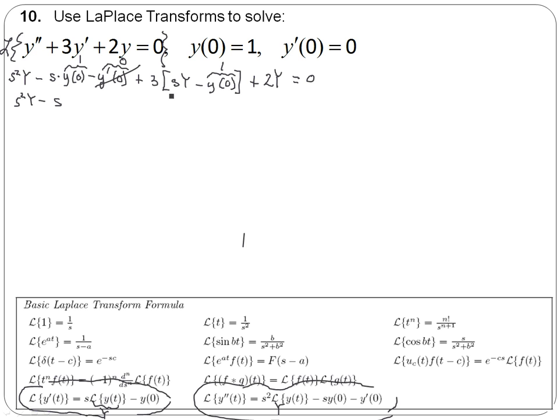This term drops out. Here I get plus 3sY. This is a minus 1, so I get minus 3, plus 2Y is equal to 0. So our first step was to take the Laplace of each term of the equation.